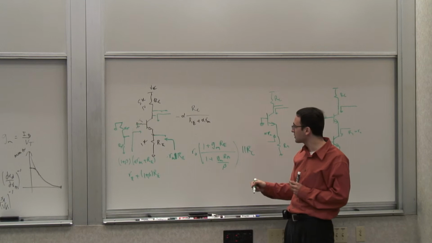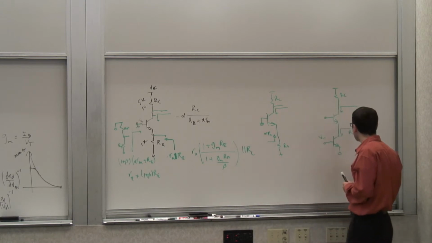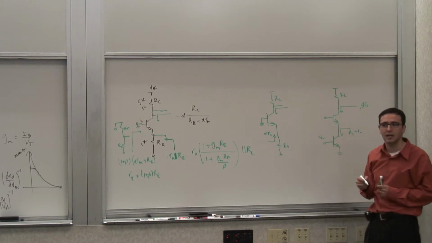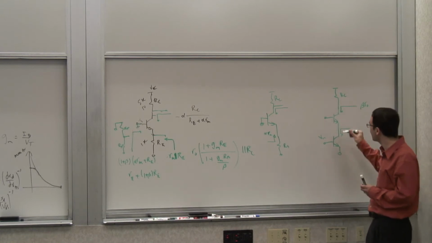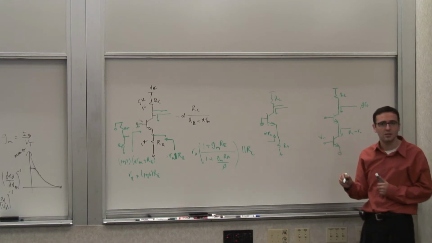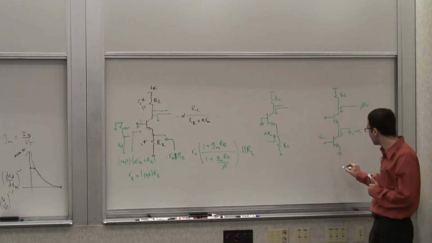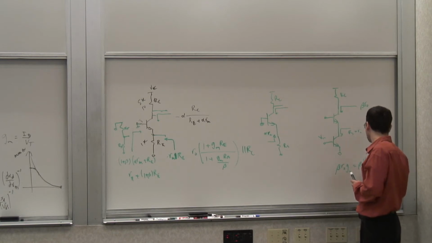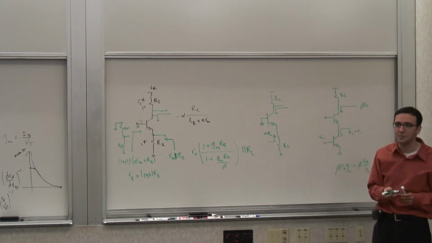Both these quantities can be quite large, and therefore what I get is effectively beta RO. And that's why it has a higher intrinsic gain than that of the common emitter. The cascode gives you an intrinsic gain of beta RO gm, in other words, beta VA over VT, beta times greater than that of the common emitter.